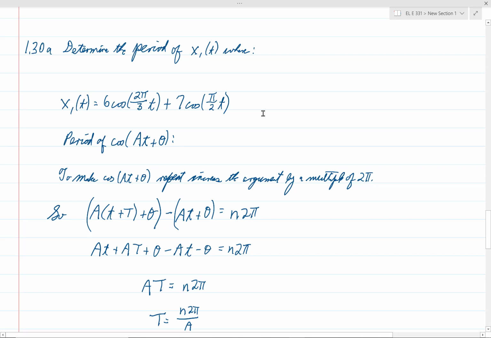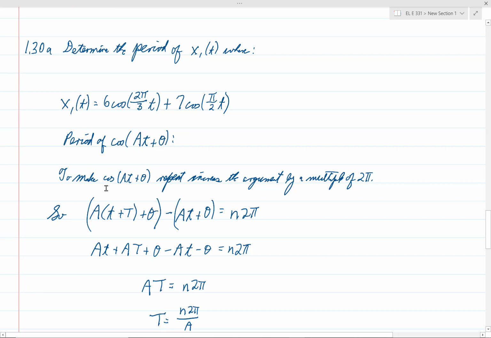Okay, now we know that the cosine is a periodic function, but let's remind ourselves of what the period of the cosine function is. So we're going to look at the period of the cosine of at plus theta.